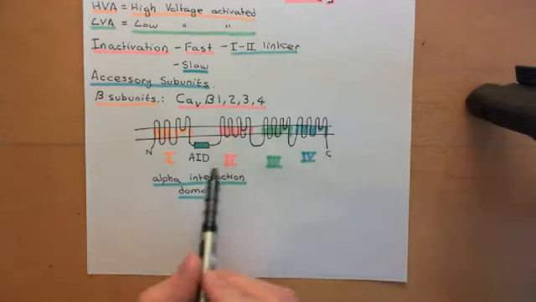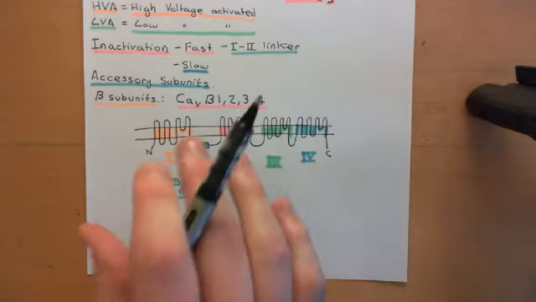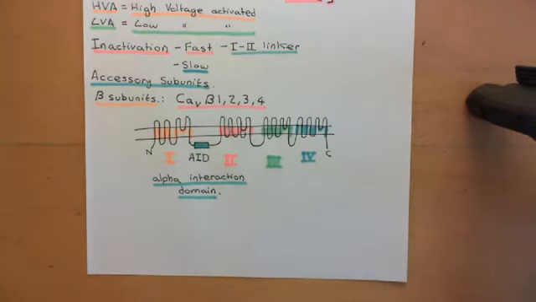If we're going to attach something onto that 1,2 linker, then obviously that's probably going to affect the ability of the 1,2 linker to do its job of inactivating the voltage-gated calcium channel alpha 1 subunit. So these CAV betas are going to affect the speed at which the voltage-gated calcium channel inactivates, basically.